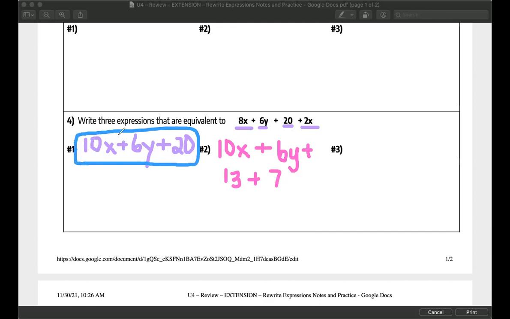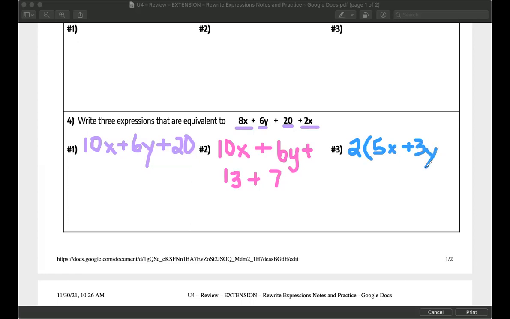So I'm looking at 10 and 6 and 20 and seeing what's a common factor of them all? 2. Well, 10x divided by 2 is 5x, plus 6y divided by 2 is 3y, plus 20 divided by 2 is 10. So it's kind of a triple distributive property there. And that's it.